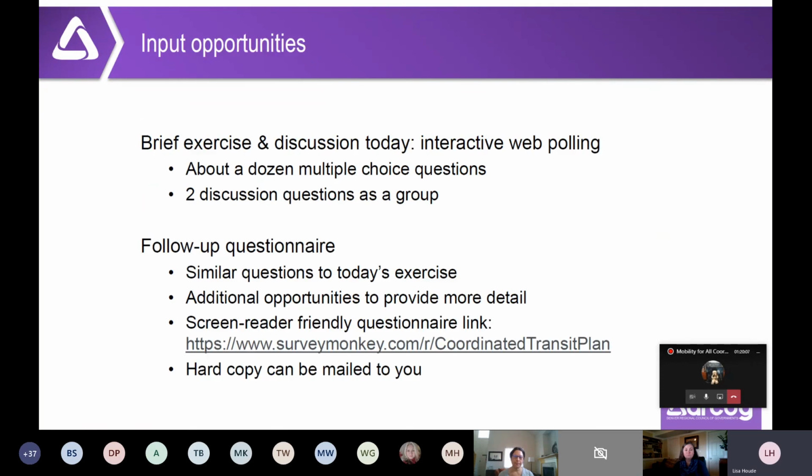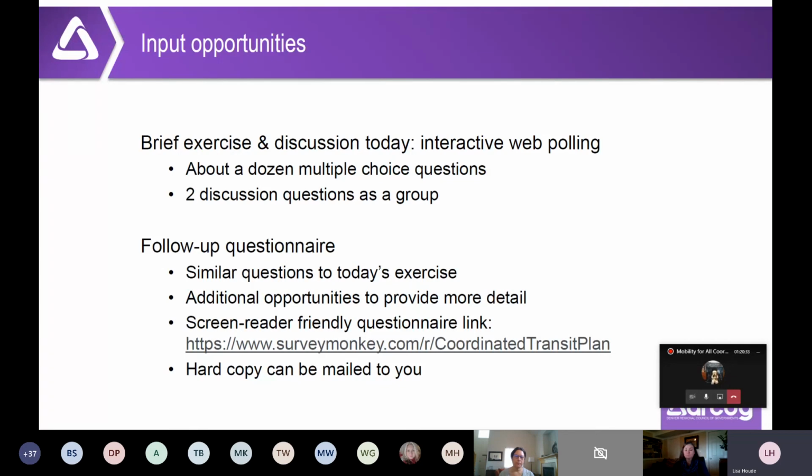So today we have a brief exercise and discussion. We're going to use this interactive web polling feature. Obviously, we wish we could be there in person with you in your meeting, talking face-to-face and facilitating a good discussion, but we tried to think how we could best adapt this to the virtual environment.